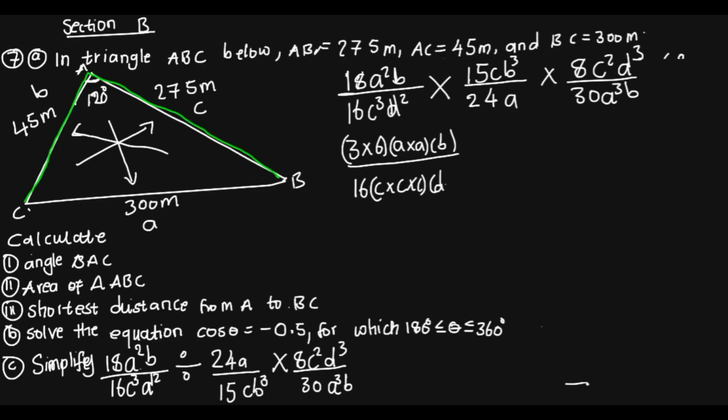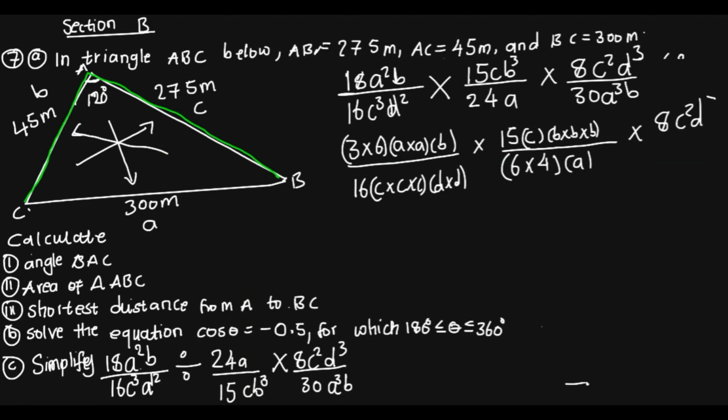Then we have d times d. Then times our 15, I'll just write it like that. So 15 times c times b times b times b over 24 is the same as 6 times 4 times a. Then for this part, I'll just write it 8 c squared d to the power 3 over 30 a raised to the power 3b.